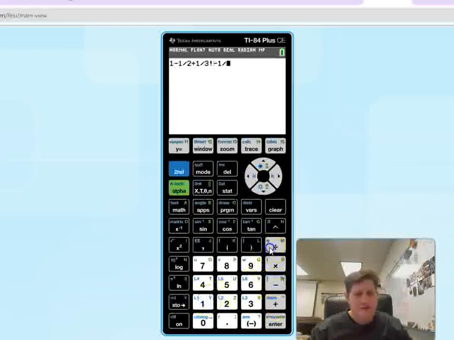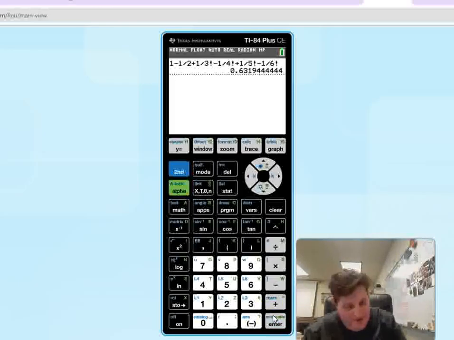Minus 1 over 4 factorial, if you know these factorials, you don't have to go do them, plus 1 over 5 factorial, minus 1 over 6 factorial. There we go. Boom. Okay, first 6 terms. 0.63194, and then the 4 is repeating.